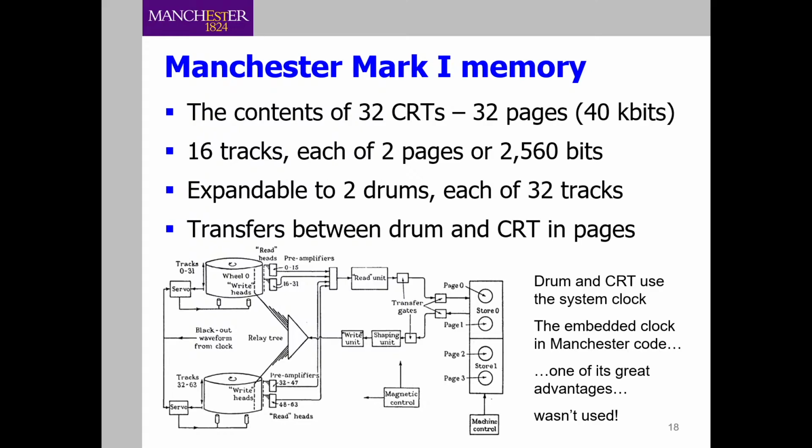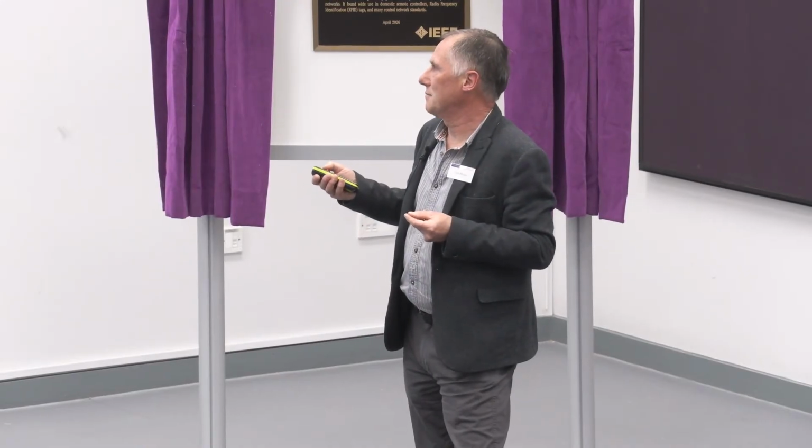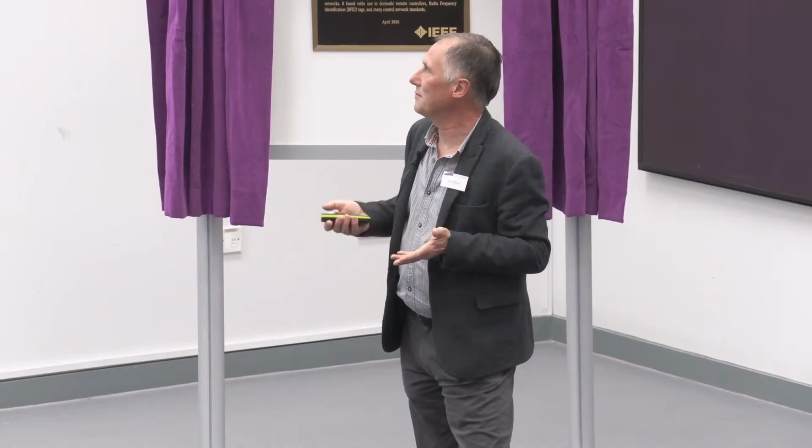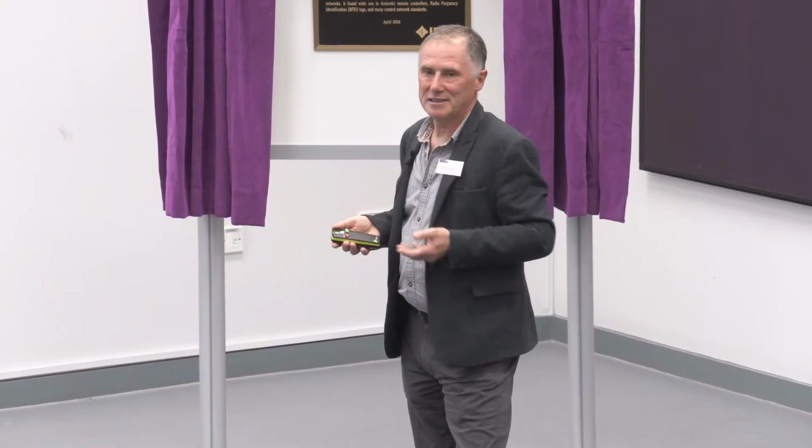And the electronic system potentially could have 2 drums, each of which could have 32 heads. In reality, what they actually built, I think, was a system which only ran with 1 drum, but had all of the heads on 1 drum. But it was originally designed for 2.